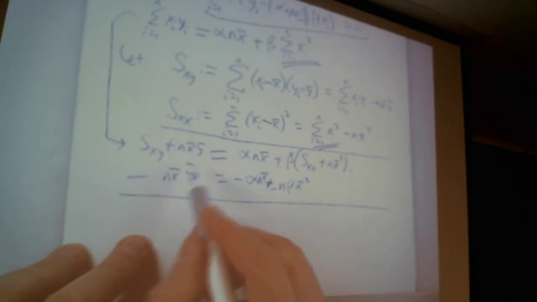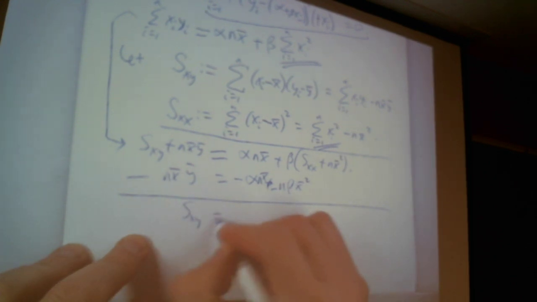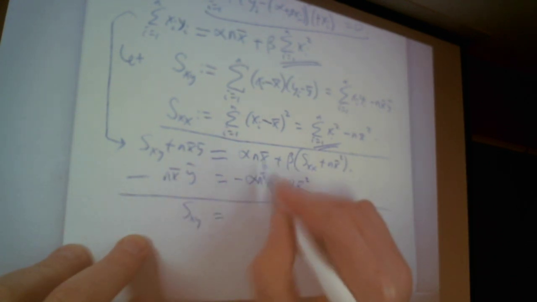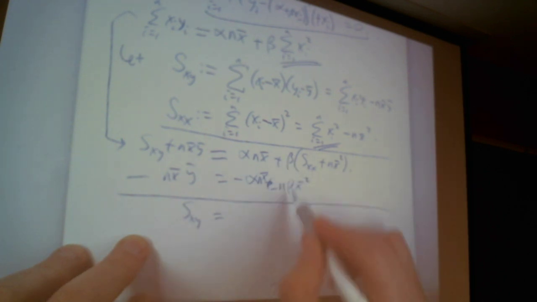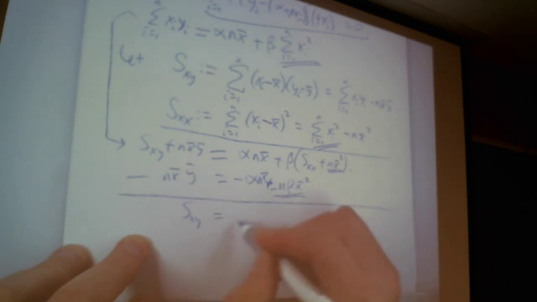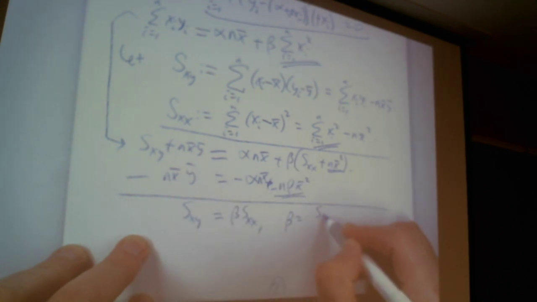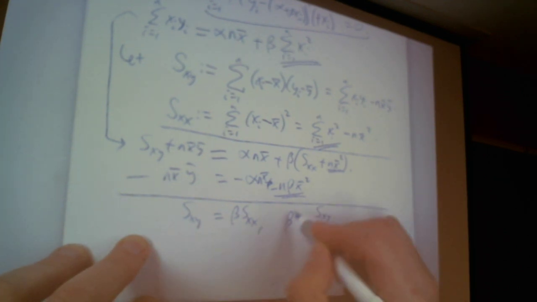something nice happens. What do I get on this side? Sxy. What do I get on this side? These two are gone. Beta times Sxx. And beta negative n x bar squared, this cancels this, and I just get beta Sxx. In other words, beta is equal to Sxy divided by Sxx. That's beta hat.